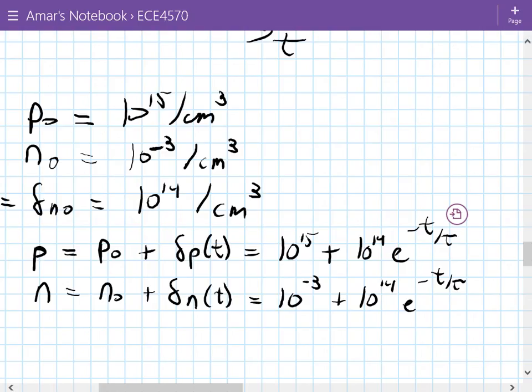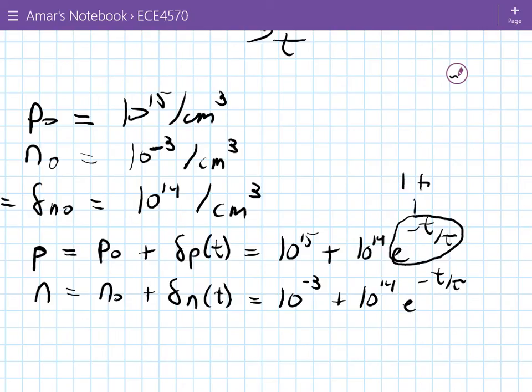Now this e to the negative t over tau function, remember this part here, this ranges from 1 to 0. When time is equal to 0, this part is going to have a value of 1. And then as time increases, it's just going to decay to 0. So the maximum value that this part of the equation can have is 10 to the 14th.